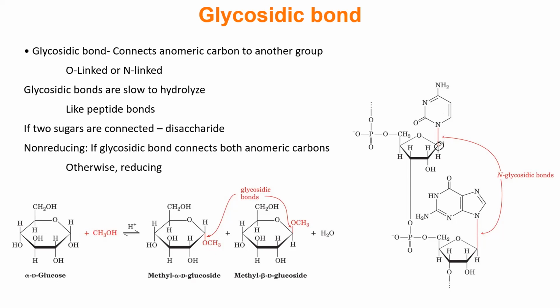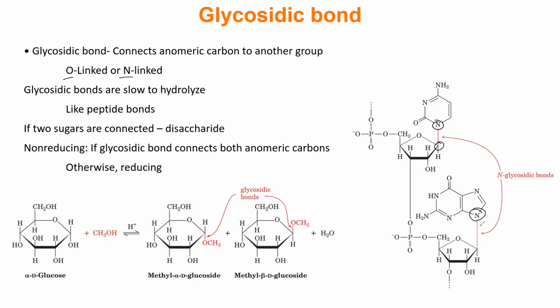We just lost the oxygen, but the anomeric carbon is connected to the base. And you have two types you can make, an O-linked or an N-linked. These just mean what atom you are connected to at the end of your glycosidic bond.